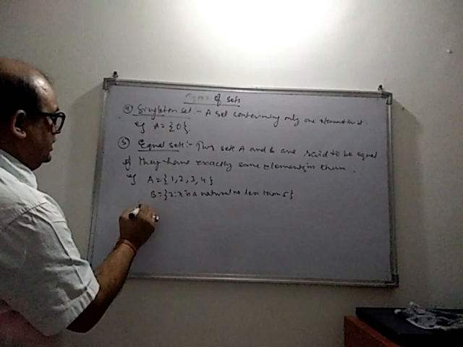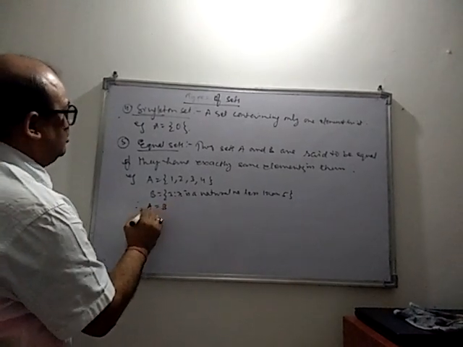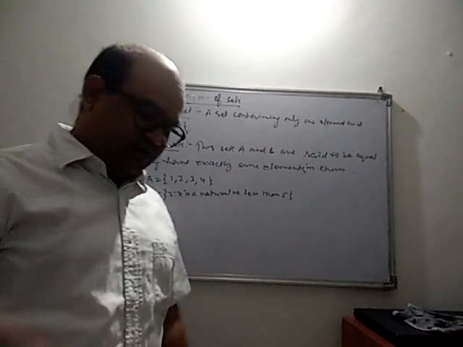Therefore, A equal to B. This is called equal sets.